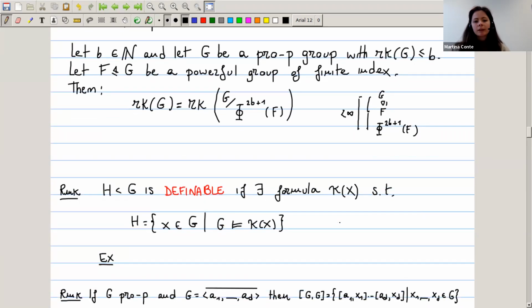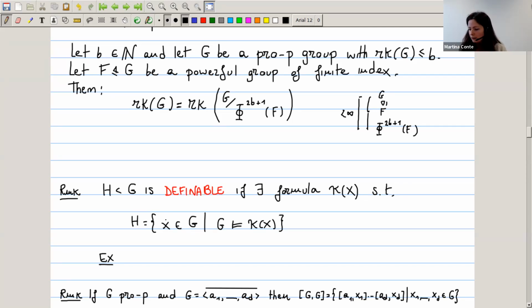Also, before I get into the proof for showing that there is this sentence that characterizes the rank, let me just note that when we talk about subgroups of a given group in model theoretic terms, we cannot just talk about any given subgroup, but these have to be definable subgroups.